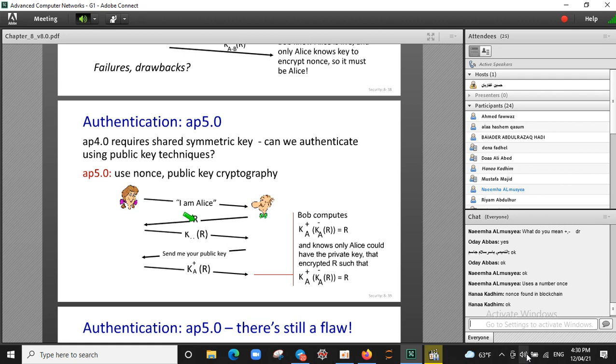Here, when Bob received this public key, and in the past he received the message encrypted with the private key of Alice, he simply tries to decrypt the message and retrieve the R. And then Bob would check the nonce.